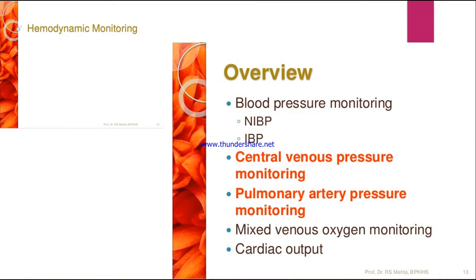So there is the hemodynamic monitoring. That includes BP monitoring, central venous pressure monitoring, CVP monitoring, pulmonary artery pressure monitoring, cardiac output, mixed venous oxygen monitoring. So these are some of the hemodynamic monitoring.